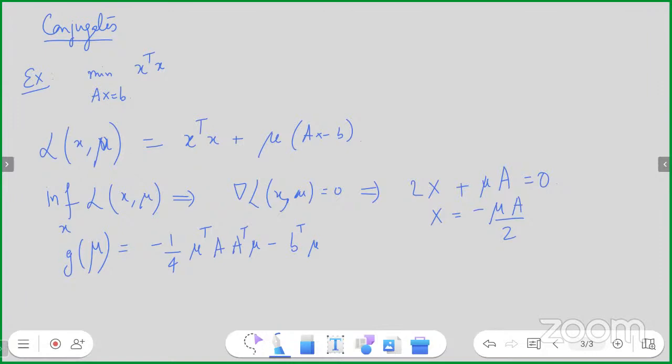But we're interested in it as a function of lambda comma mu. Nobody wants to guess.